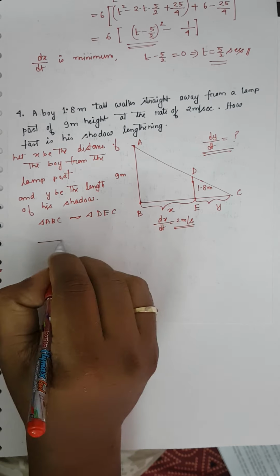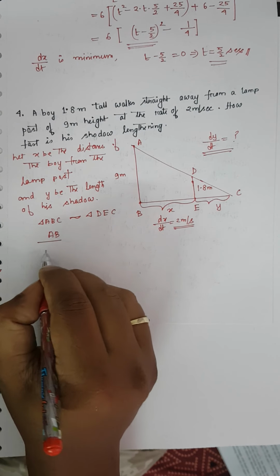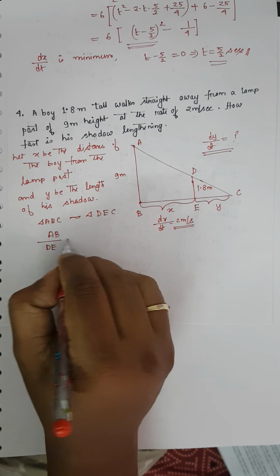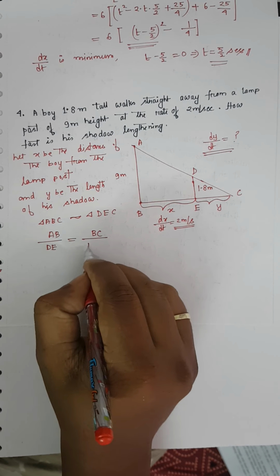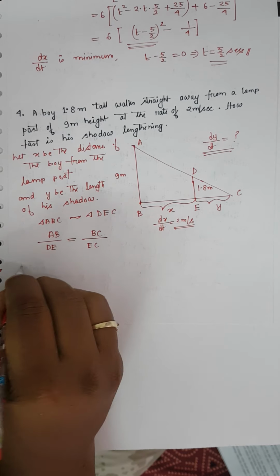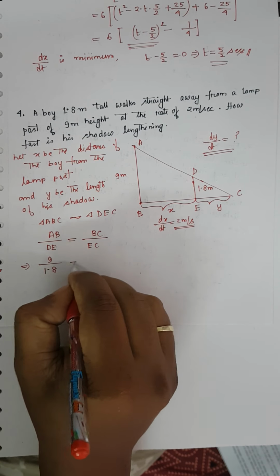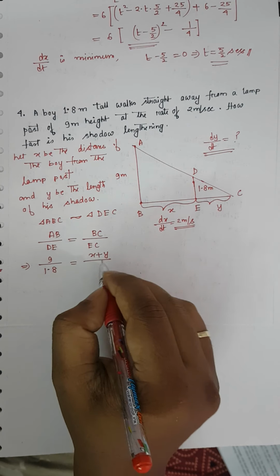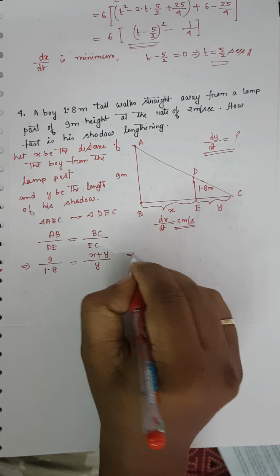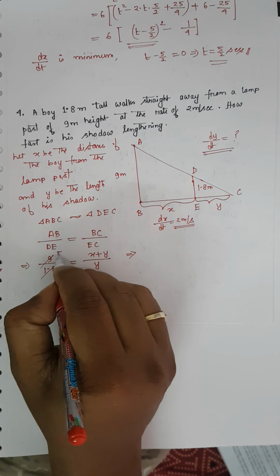So I can say that AB by DE is equal to BC by EC. So clearly this is 9 by 1.8. BC is equal to x plus y and EC is equal to y. Now if I divide 9 by 1.8, it is 5.